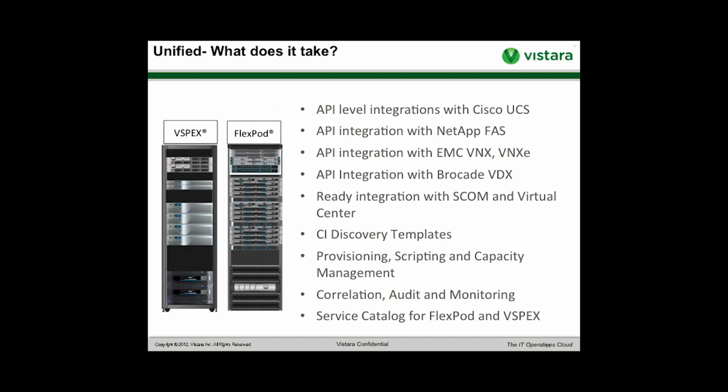So what does it take to get this done? When we start managing, for example, a private cloud, there are a lot of elements that you would need in order to unify element management.